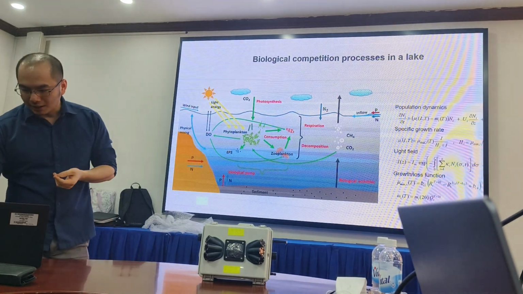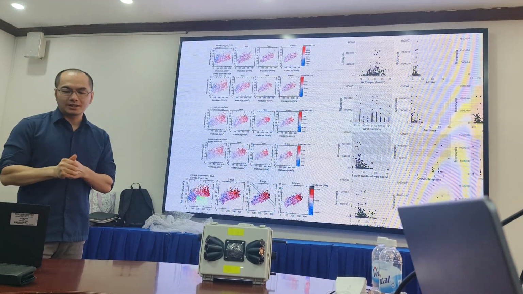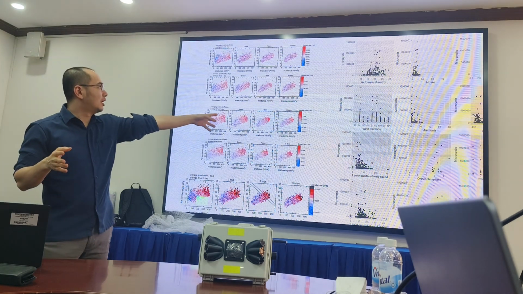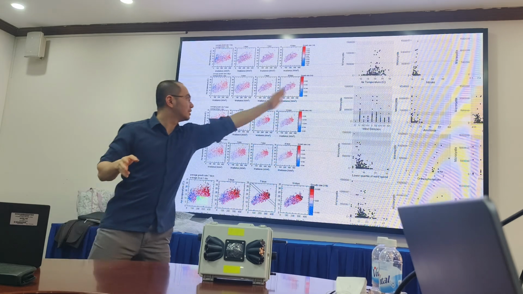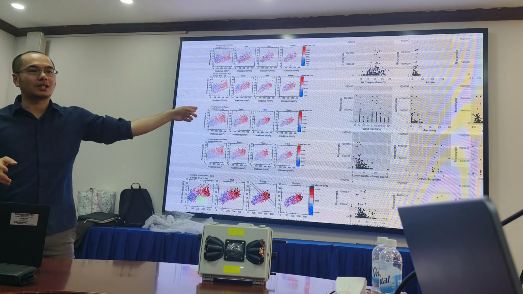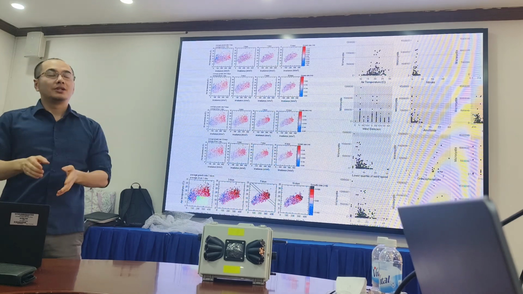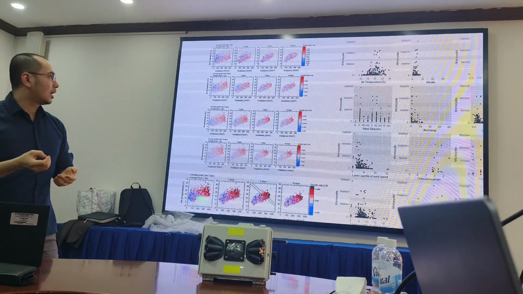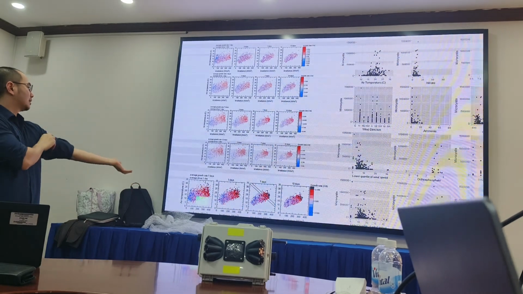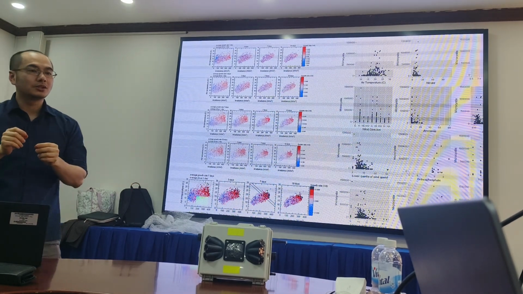So we try, for example, here I ran a lot of testing, I think it's missing a part there, but it's a lot of parameters we test on how they actually relate to the algae inside the lake, and we also ran that to see how it is related to the growth rate.